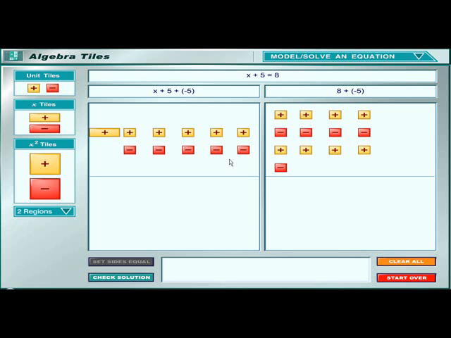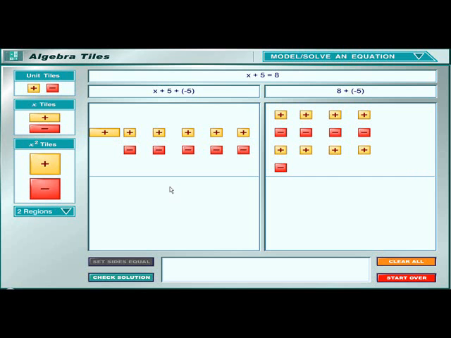In the top region, you will keep your negative positive unit tile pairs. Alright? In the bottom region, place the tiles that are not paired or are not canceled out.